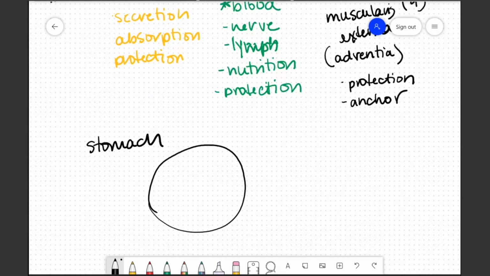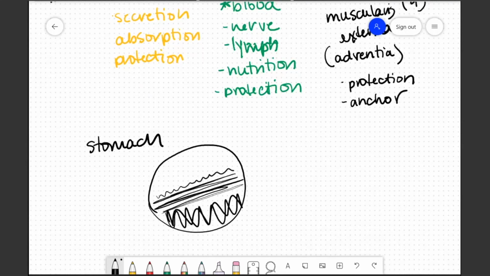If you're looking at any of the images through PhysioEx, remember when you're looking at this, there will always be some sort of tissue. This could be layer 1, 2, and 3. But if you have all of this space right here and it is open, that could be the lumen.